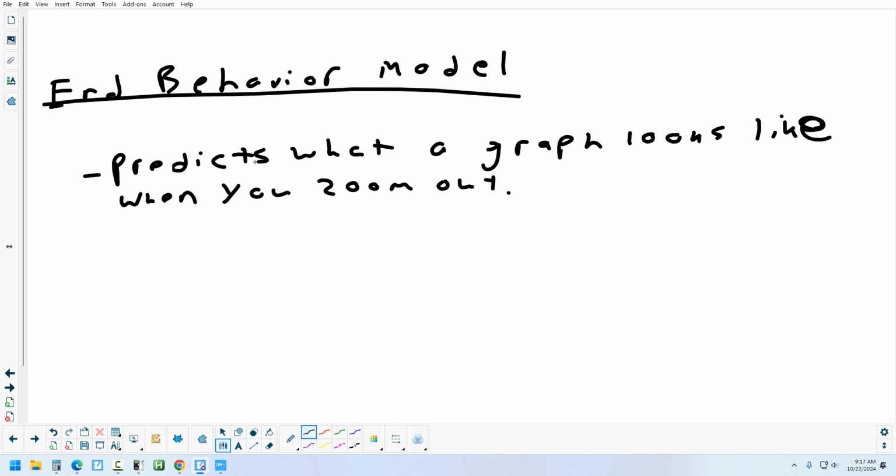Okay, so it's like a big picture idea, right? It's a simplified version of something that shows you what a graph is going to look like. So let me show you guys an example. It's a simpler version of the original formula.